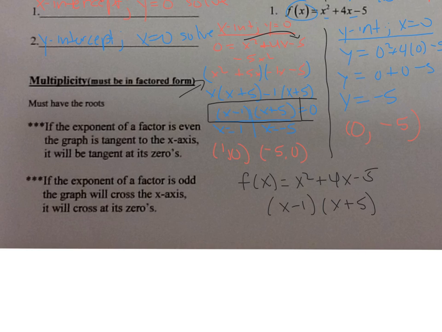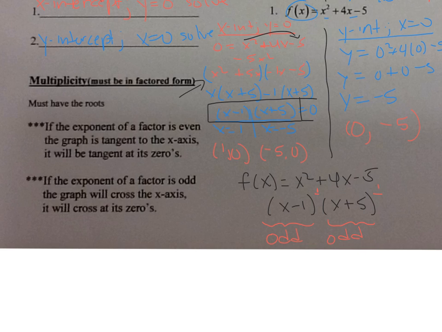All right, so notice here, the exponent for this parentheses, which would be right up here, if there's no exponent written, it's an exponent of 1. And this exponent for this parenthesis, if there's nothing written, it's an exponent of 1. So that means each one of these parentheses has an odd exponent. So put odd right underneath them.